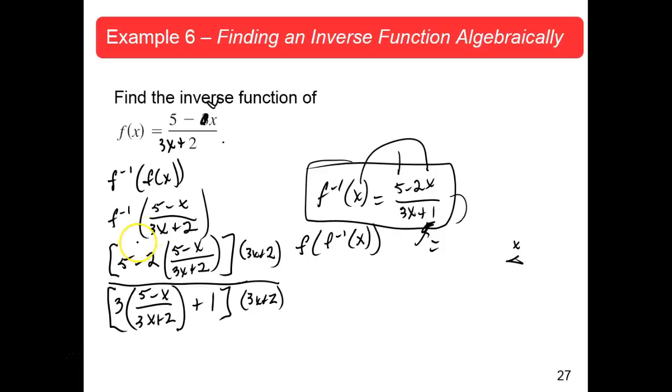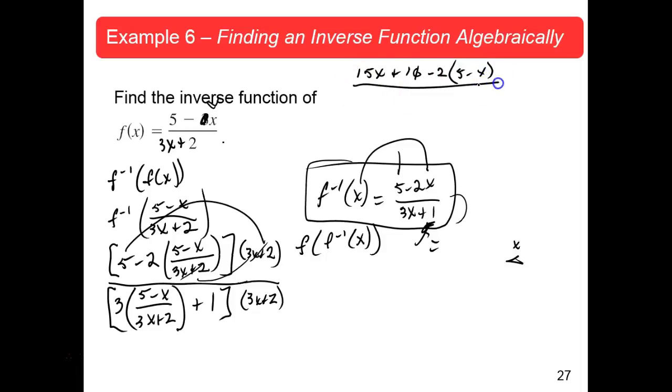So let's do the first one. We first got to distribute 5 times that, and what would that give us? 15x plus, did I hear a 10? Okay. And then we have a minus 2 times, and when you distribute this by this, you lose those denominators, and that just is minus 2 times 5 minus x, right?